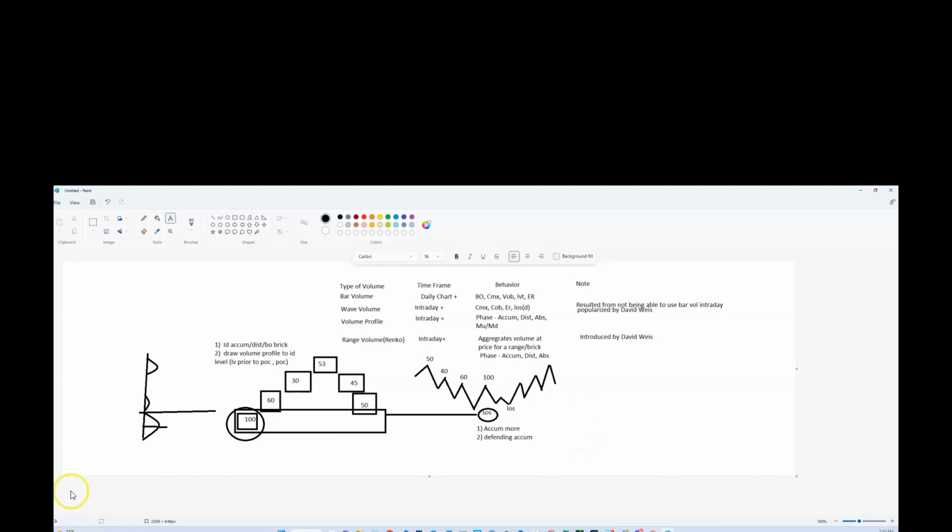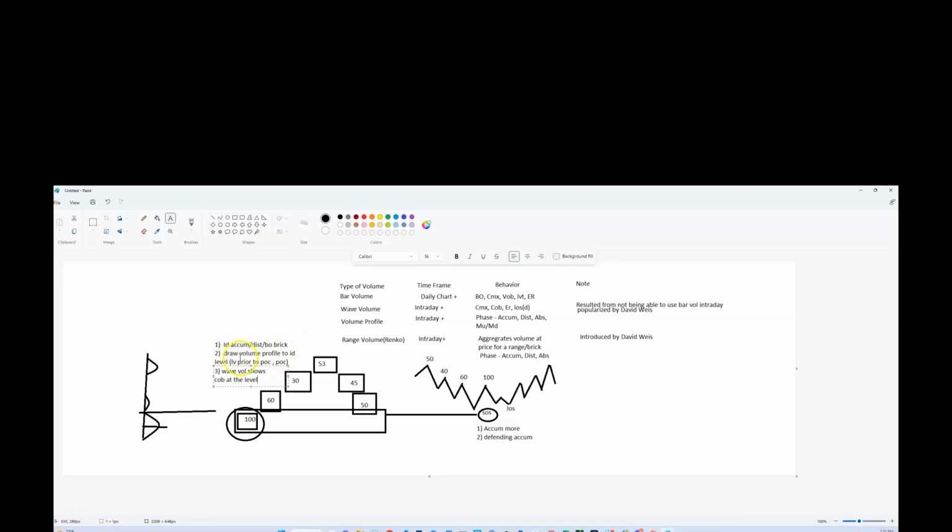All right, now look at what I've done here. Step 1, step 2. I'm gonna put in step 3 for all you Wyckoff traders. COB at the level. That's it. So step 1 is ID accumulation distribution breakout break.